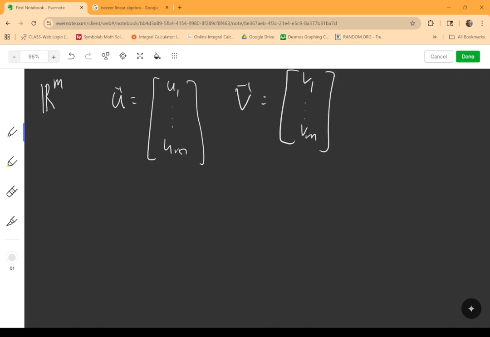Now for our column vectors, we defined what equality was. If we had some u, u1 through um, and v, v1 through vm, element-wise, u1 must equal v1, u2 must equal v2, etc., for them to be considered equal.